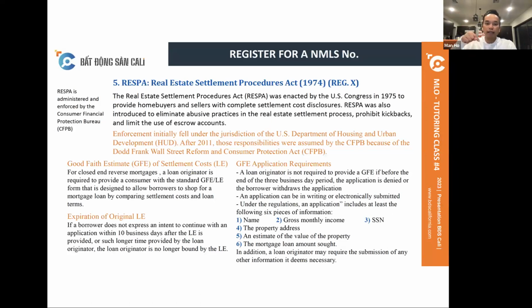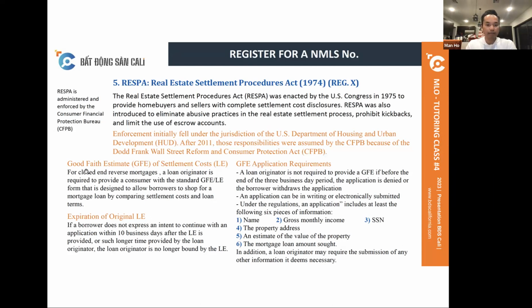So right now, anything related to RESPA enforcement is by CFPB, the Consumer Financial Protection Bureau, because of the Dodd-Frank Wall Street Reform. Dodd-Frank said we have to turn this enforcement from HUD to CFPB, and it happened in 2011. And also the Consumer Protection Act.